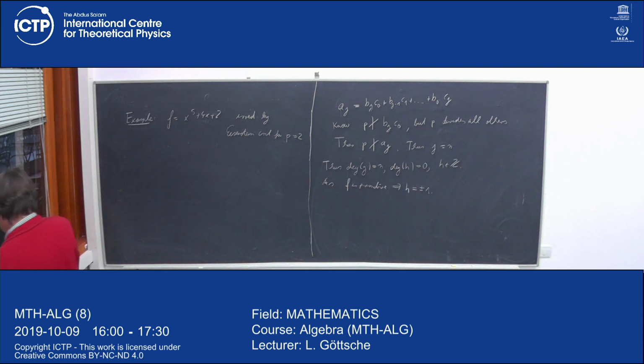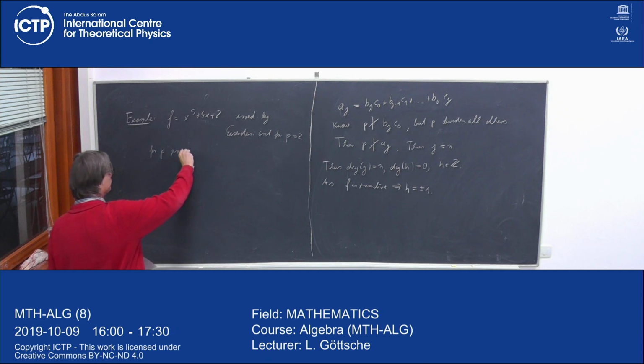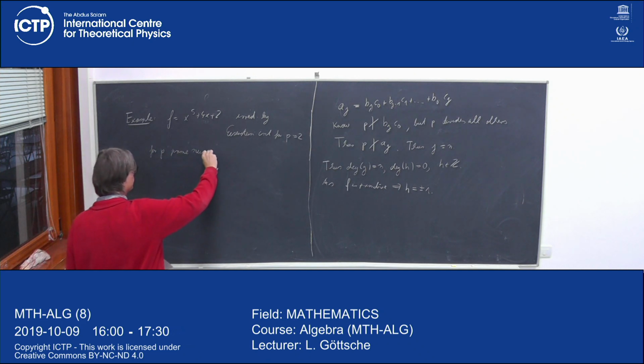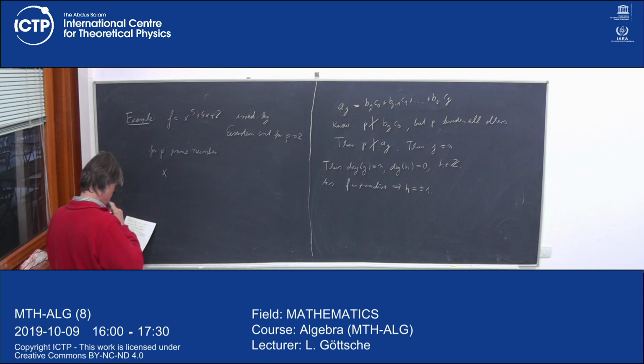One example that we will use later is that for p a prime number, x to the n minus p is also irreducible by the Eisenstein criterion for p.